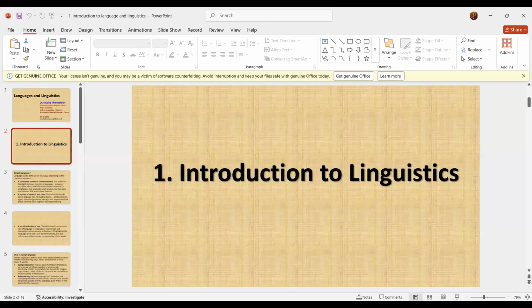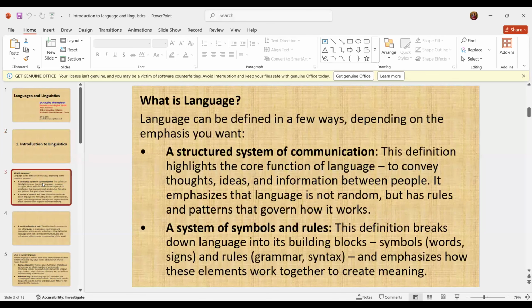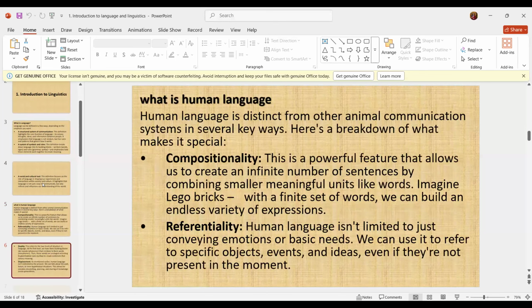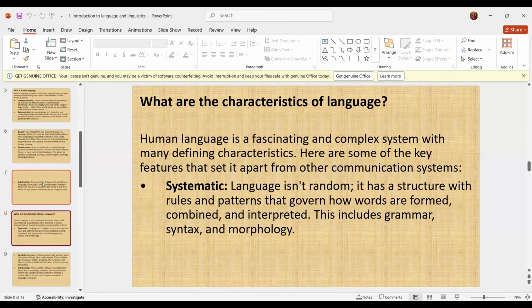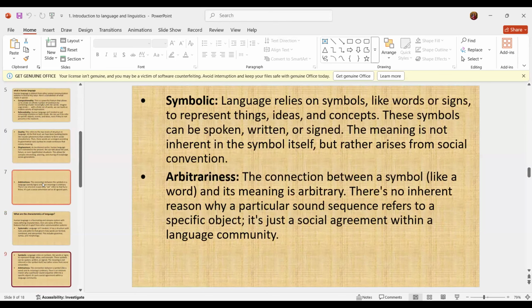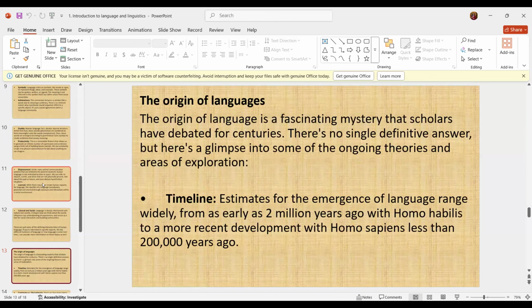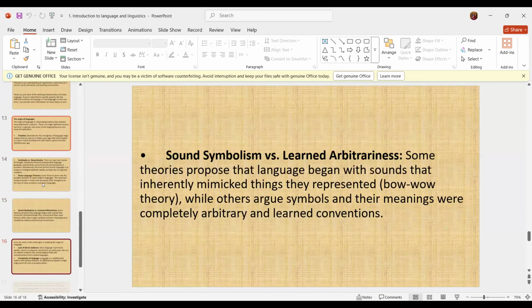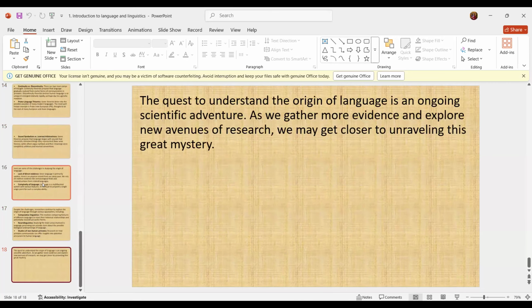Under that we were talking about what is language, what is human language, what are the characteristics of language, the origins of languages. Can you all remember these things?